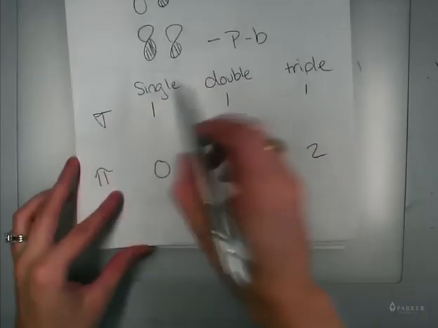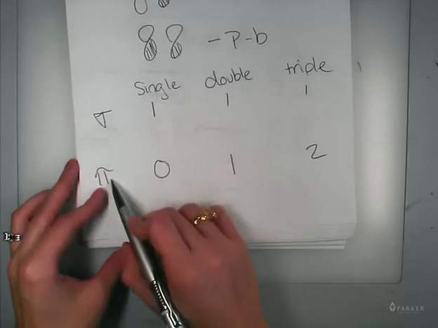So our new chart, or let me just add to the one we had before. Here it is. So I have on here single, double, triple, sigma, pi.